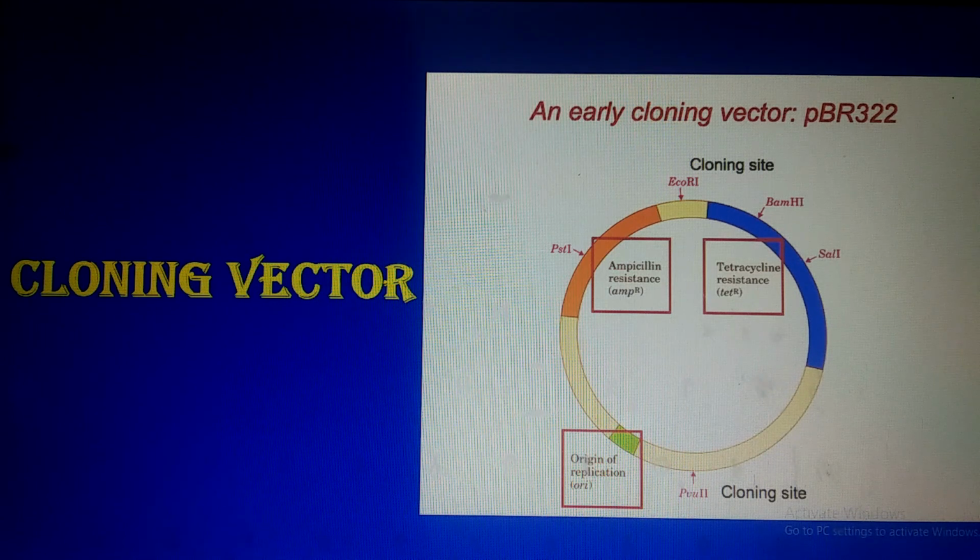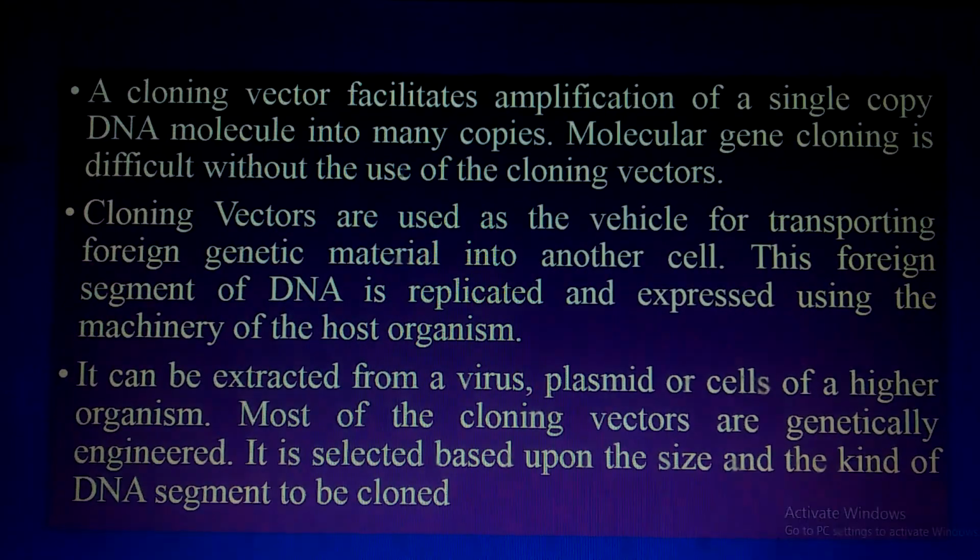Okay. Now, the cloning vector, as you can see here, facilitates the amplification of a single copy of a DNA molecule into many copies. Molecular gene cloning is difficult without the use of the cloning vector.